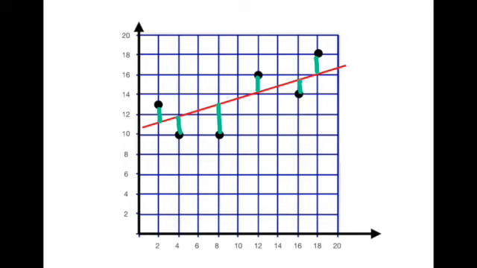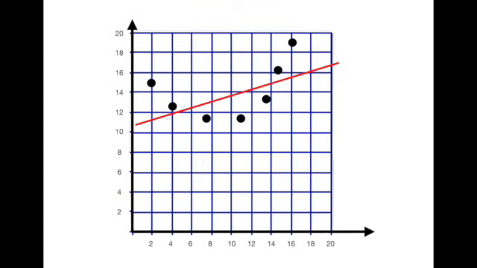Now let's have a look at what happens when we have a set of points that are clearly not in the form of a linear graph. These are of some curve shape, and we'll have a look at the residuals here. So we've got a positive residual, then a small positive, then a series of negative residuals, and then two positive residuals.